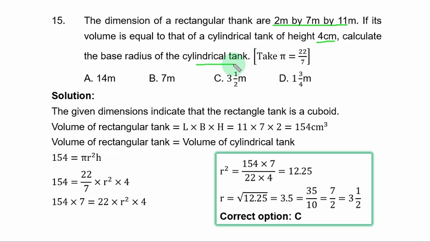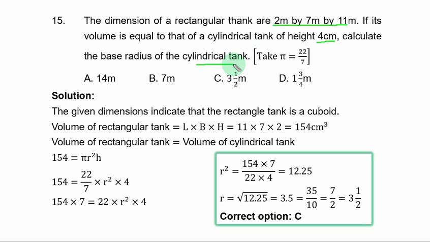Solution. The given dimensions indicate that the rectangular tank is a cuboid. So let's get the volume of a cuboid. You equate to the volume of a cylinder, then you can get the radius of the cylinder.